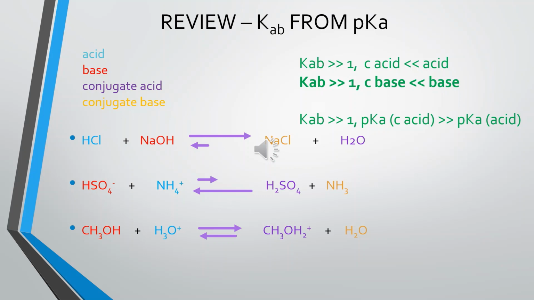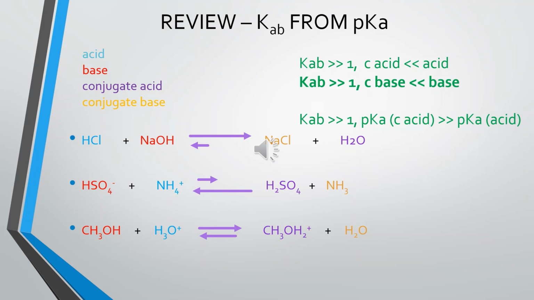I should say though, I've made one change to this slide, which you saw from the previous lecture, in the upper right. KAB is favorable when the conjugate acid is weaker than the acid. We said that, but I added something else. KAB is also favorable when the conjugate base is weaker than the base. Okay, and that's because of the nature of conjugates, right?